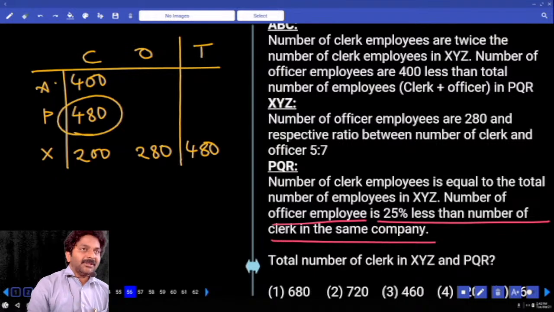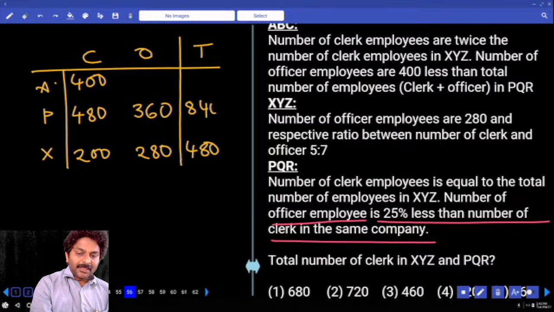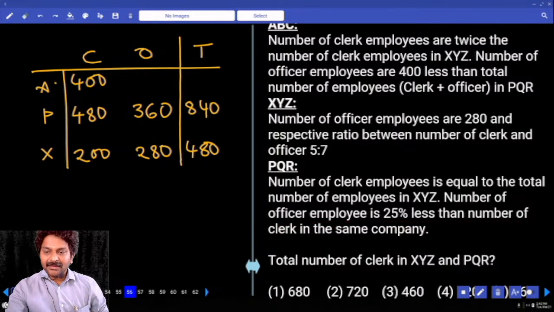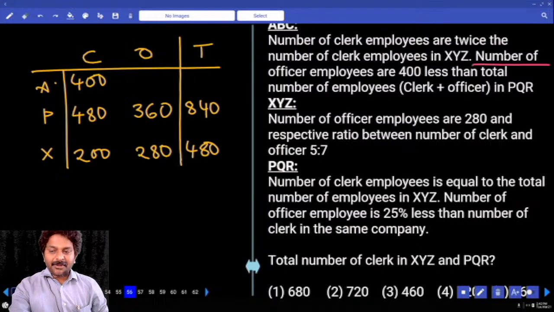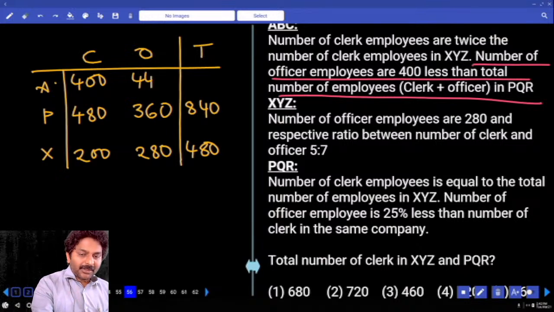What is 1/4? 120. 120 less is 360. Then total 840. Now coming back to ABC. Number of officers are 400 less than total employees in PQR. Total employees in PQR is 840. 400 less is 440. Then total in ABC is 840.